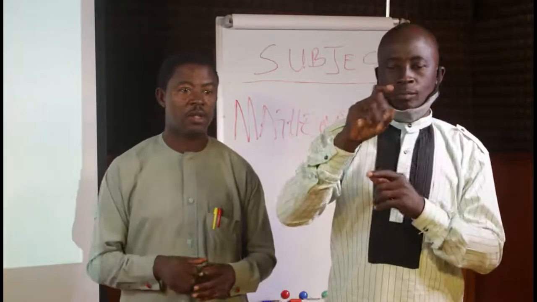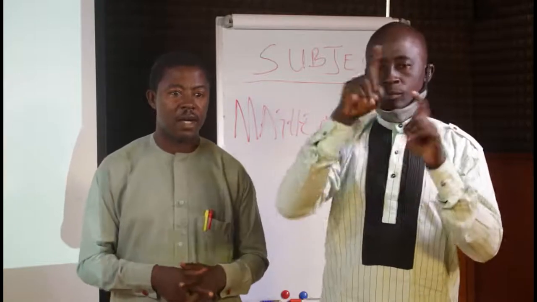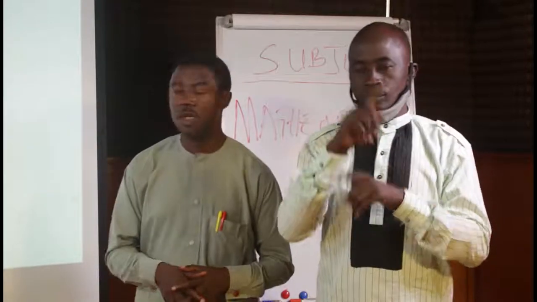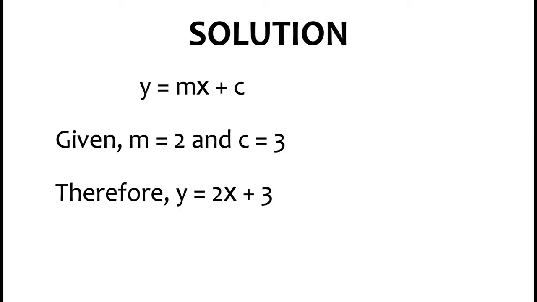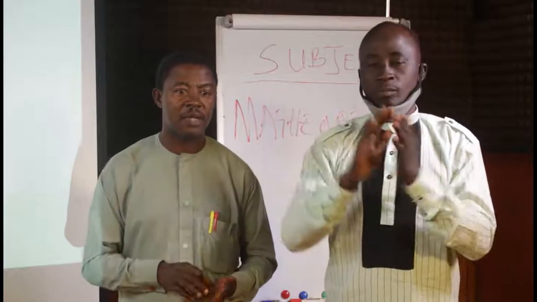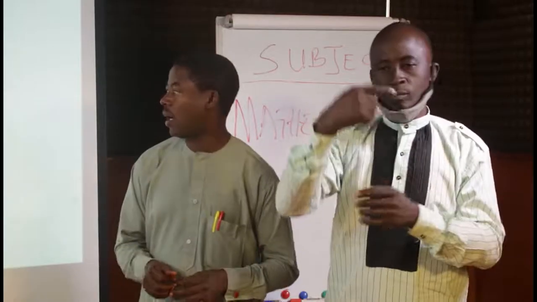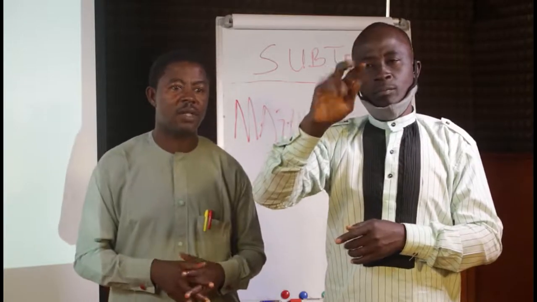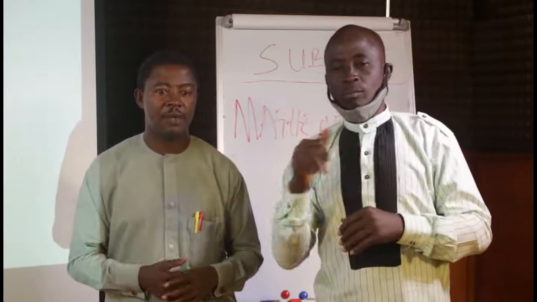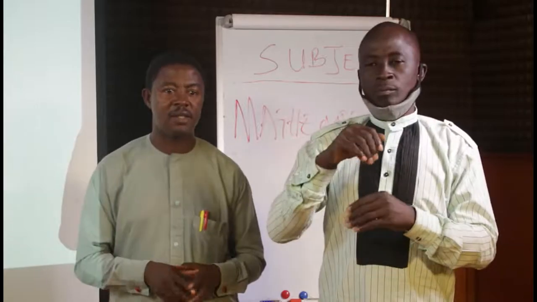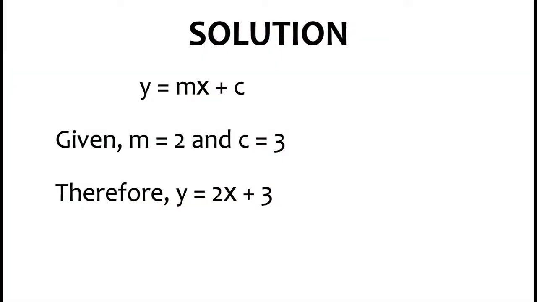From the question, we were given our gradient as 2, so our m is 2, because m represents the gradient, while our intercept on the y-axis is 3. Therefore, our c will be 3.